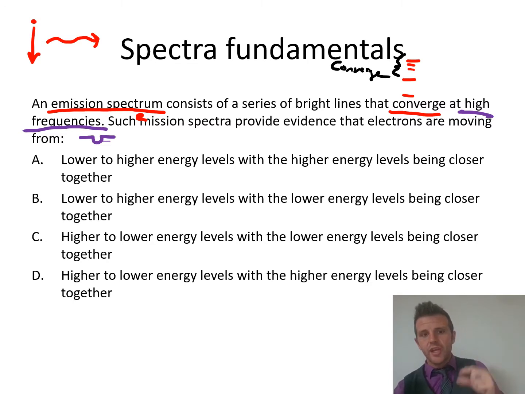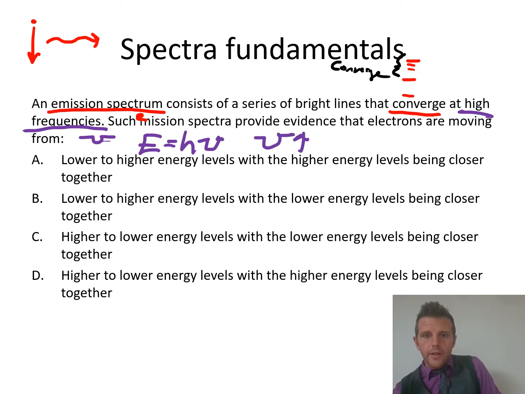If they are converging at high frequencies, that is implying that E is equal to h nu. So as the frequencies go up, the energy is going up. So therefore, as energy levels are increasing, these lines are converging.